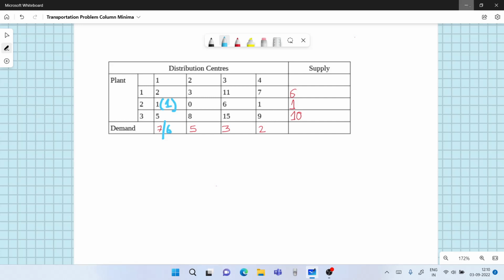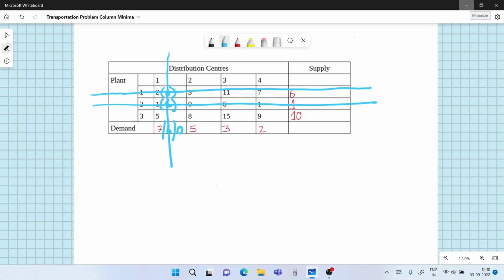Now we can take the supply from plant number 1 entirely and give it to distribution center number 1. That is 6 million liters. So now the demand from distribution center number 1 has been met. The supply from plant number 2 and plant number 1 are totally given to distribution center number 1. So we strike them off.